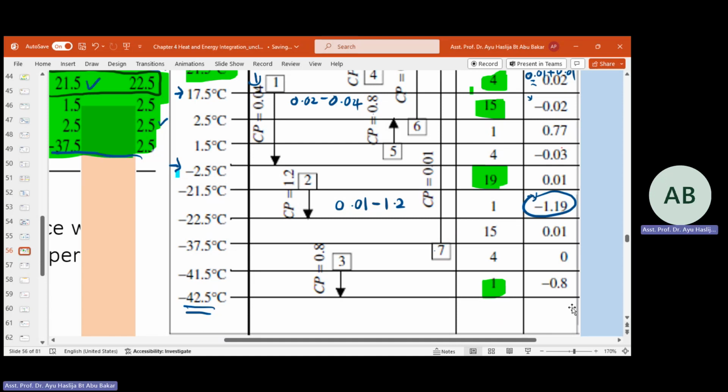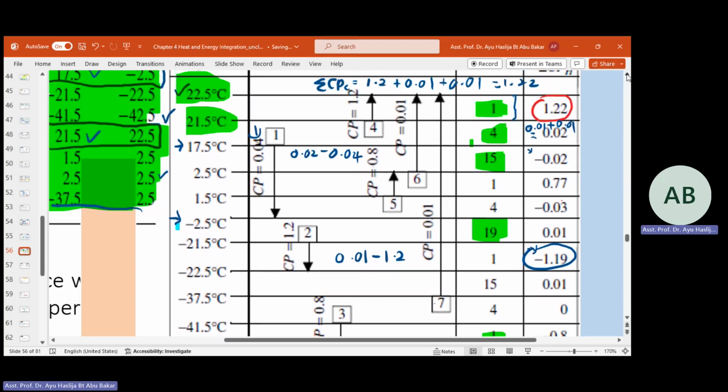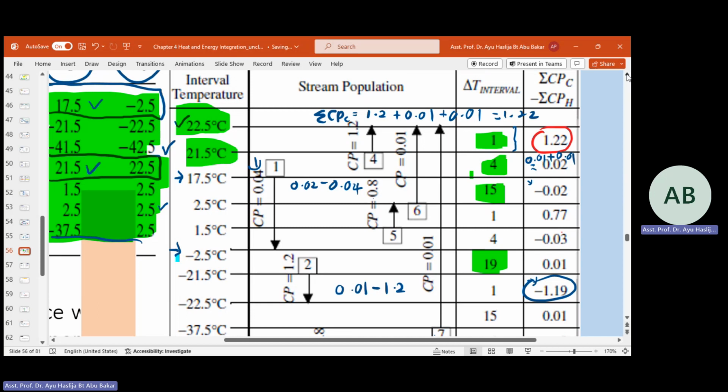Second column, which one? No need, because it is not in the zone.